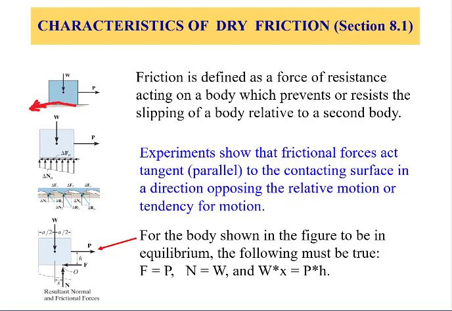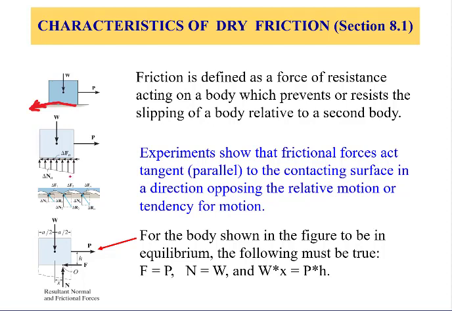Let's draw the free body diagram of the forces acting on the object. There is the weight, which is always assumed to be at the center of the geometry. We have the external force. We have the normal force. The normal force, because we have a surface, is distributed.